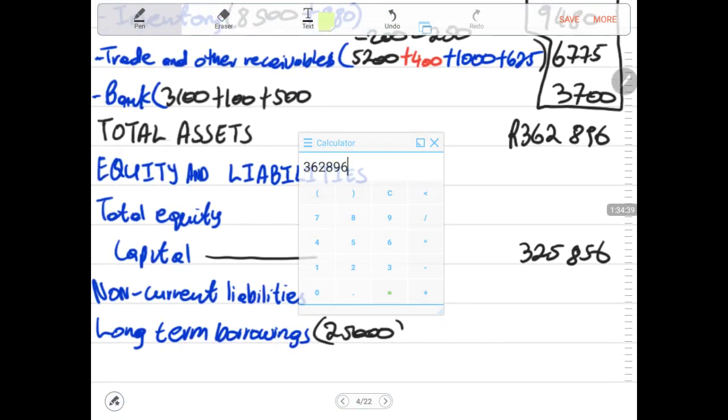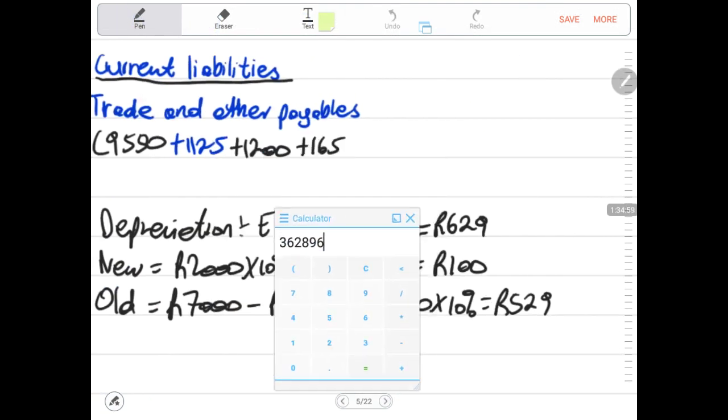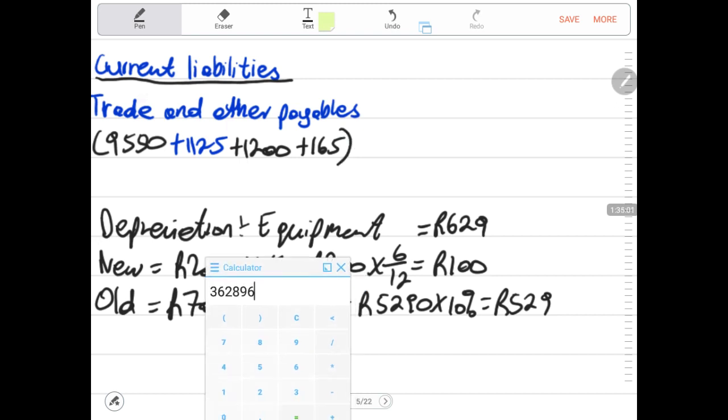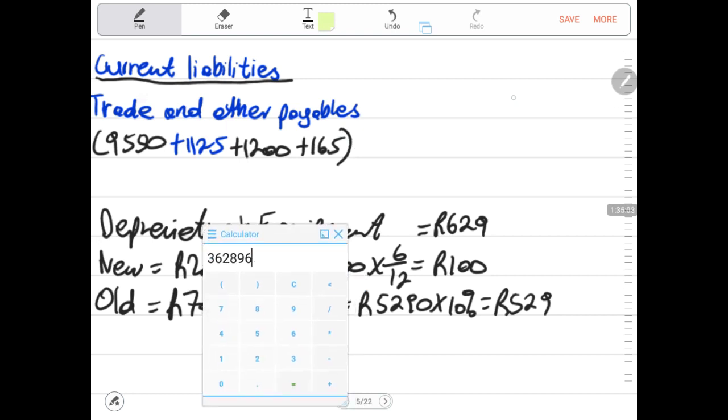Then our non-current liabilities, 25,000. Then we have our current liabilities, which is the sum of all these.